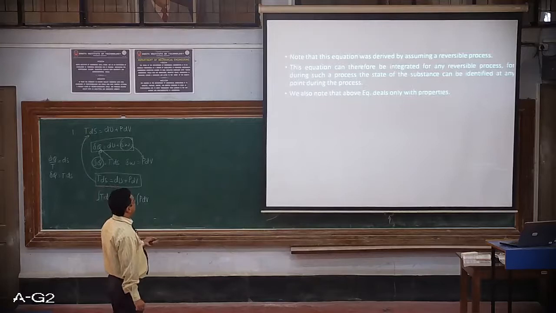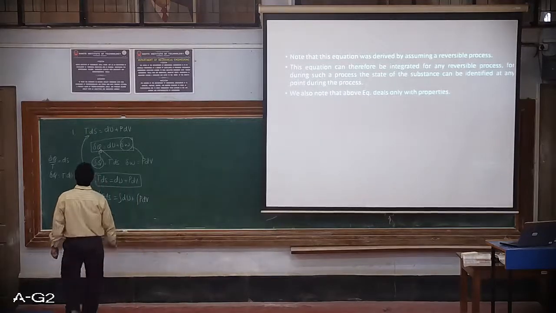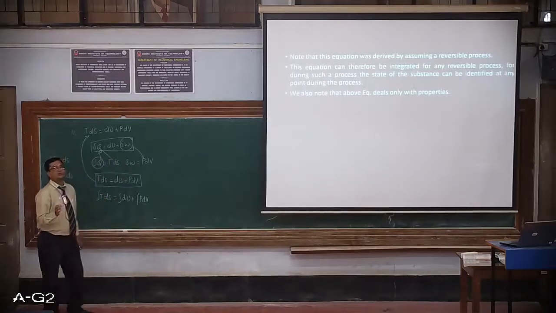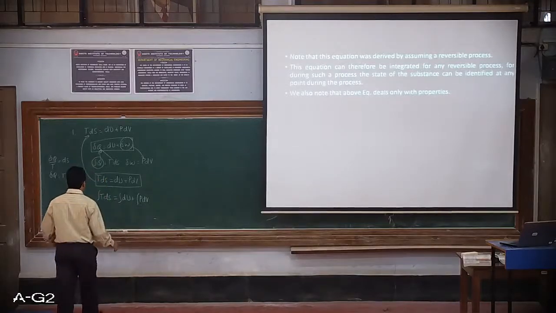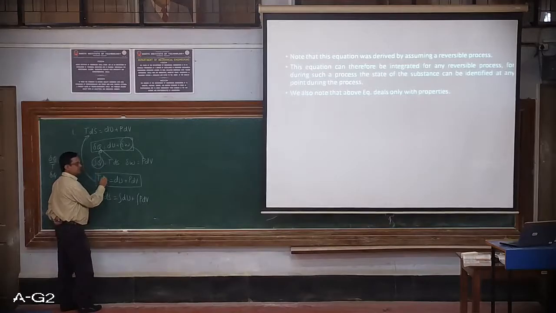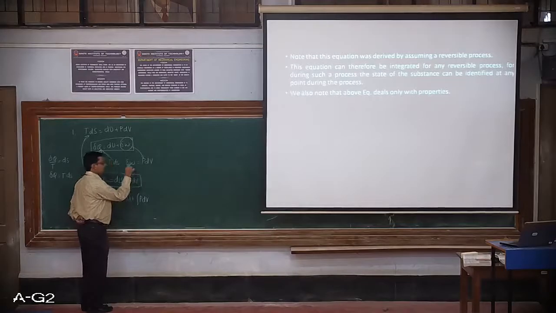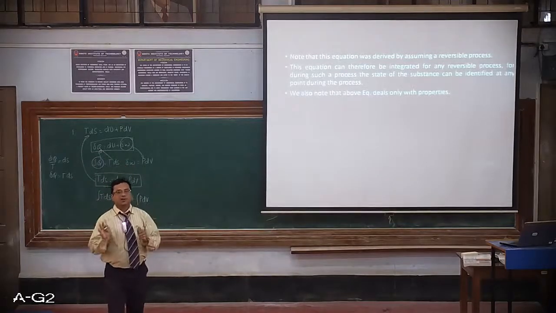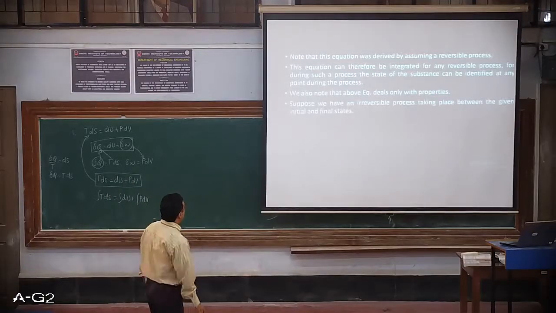We have eliminated the heat and work interactions, which are not properties of the substance or system under consideration. Whatever we have considered are all properties. Temperature is a property, entropy is a property, internal energy is a property, pressure is a property, and volume is a property. So it's a collection of properties. That's the meaning of this: it deals with only properties.